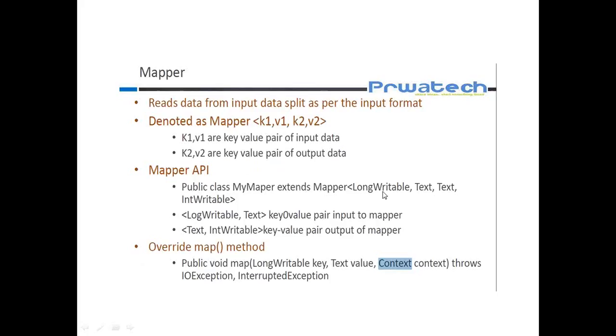By default the format is LongWritable and Text, which represent K1 V1, and Text and Writable are K2 V2: a key-value pair as mapper input, and a Text key-value pair as mapper output.